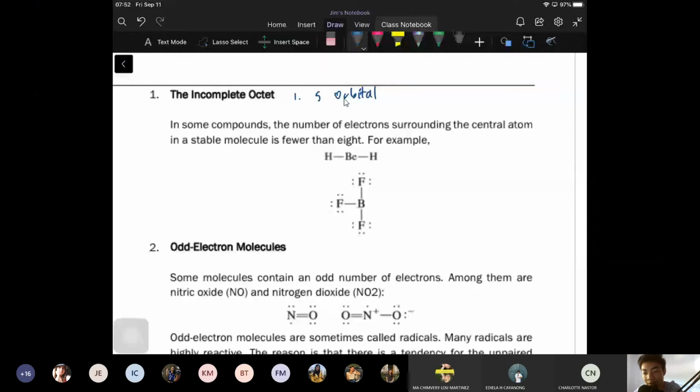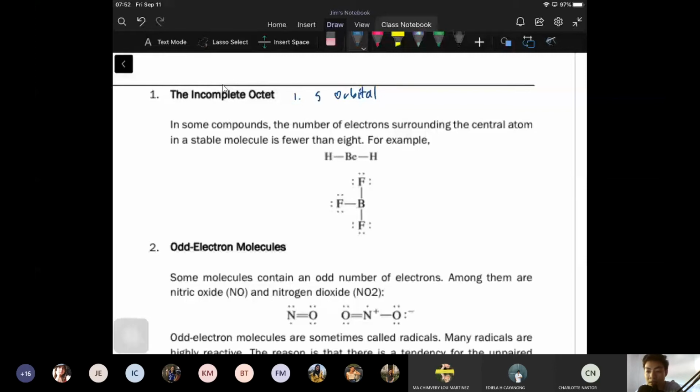Okay. Remember, ilang electrons kaya ng s orbital? 2, di ba? Yun lang, hindi siya kaya magwalo. So, one example of the incomplete octet would be hydrogen, yung ginagawa natin last time. Hydrogen cannot accept more than 2 electrons because it only contains an s orbital.